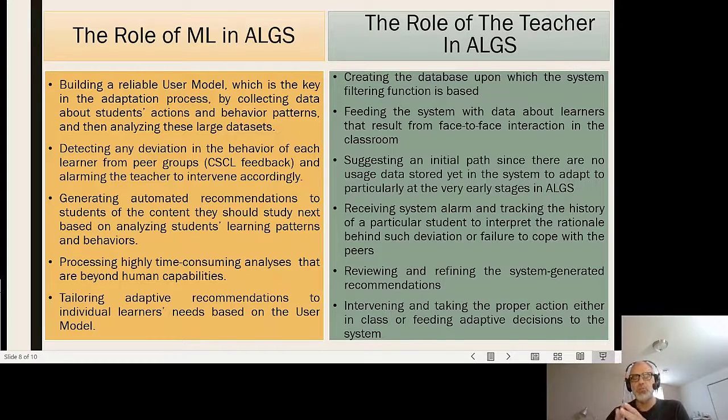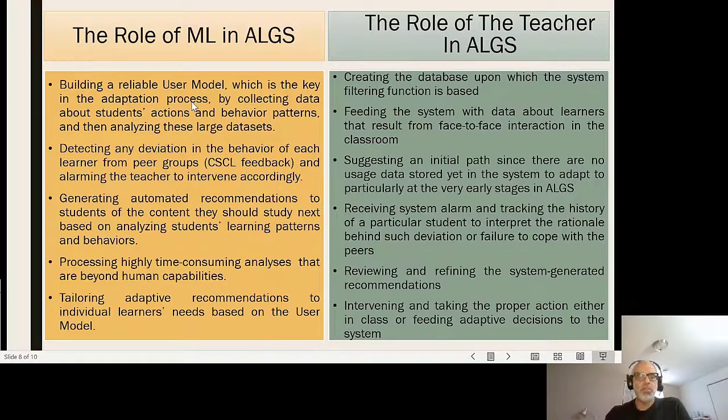So even if we're talking about many students taking the course at the same time, if some of them, their behavior and their interaction with their peers and with the material is totally outside, this can bring up an alarm to the teacher, reviewing and refining the system-generated recommendations, keeping on top of the learning process, and intervening and taking proper action either in the class or feeding the adaptive decision to the system. So all of this can be the role of the teacher.